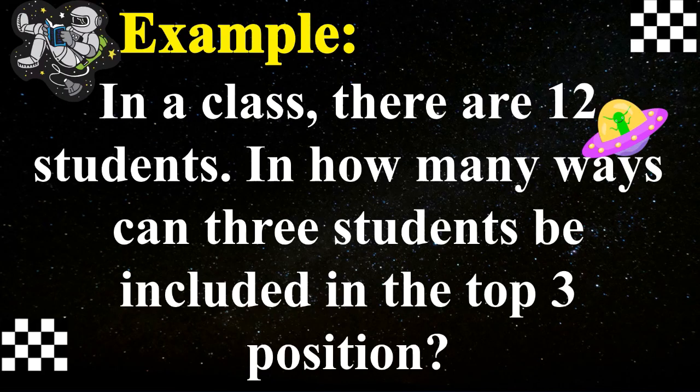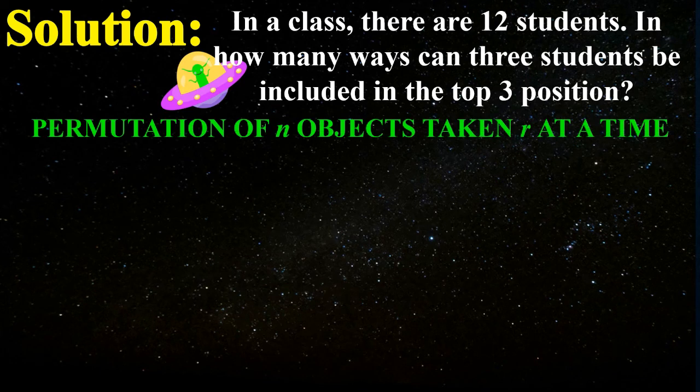In a class, there are 12 students. In how many ways can 3 students be included in the top 3 positions? Permutation of n objects taken r at a time. The given are n equals 12 and r equals 3.